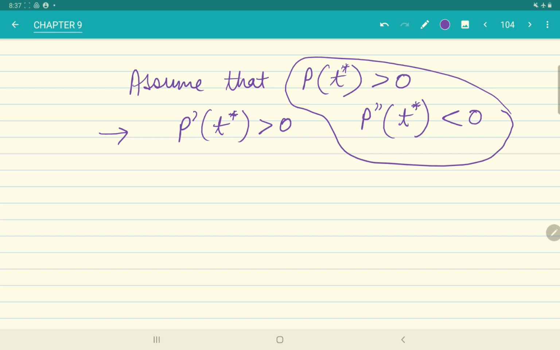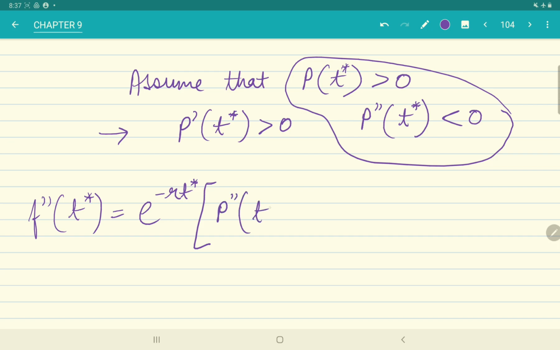Given all this, if we take up again F double prime T star, that is equal to e to the power minus R T star times P double prime T star minus R P prime T star.